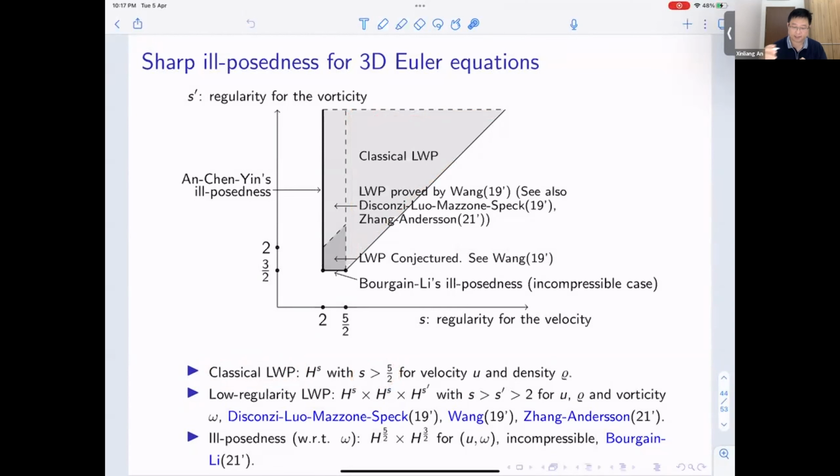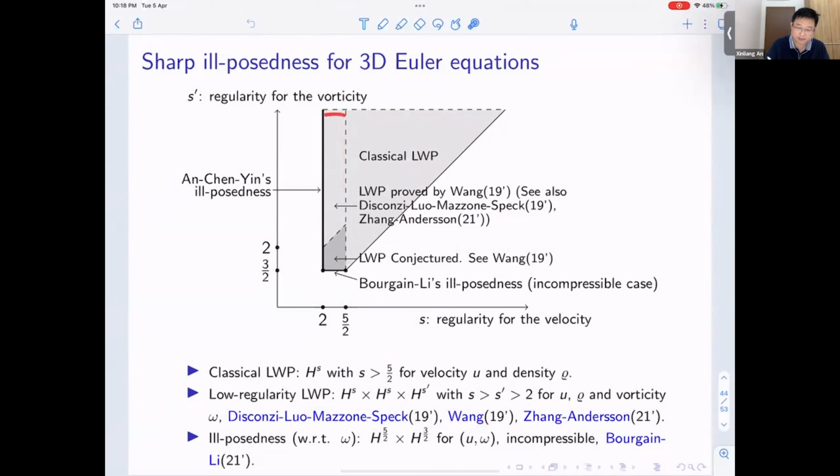And recently there has been very interesting and impressive progress made by Qing Han, also Luo, Ma, Zong, Speck, and later by Zhang and also Lars here. They improved the local well-posedness result, and here we use Qing Wang's result, but they are all related, right?